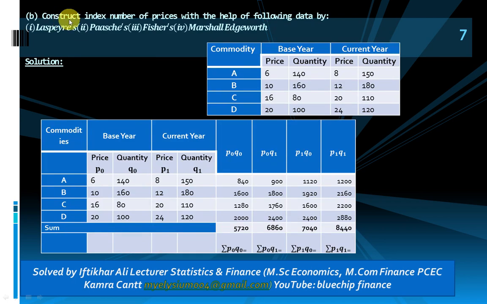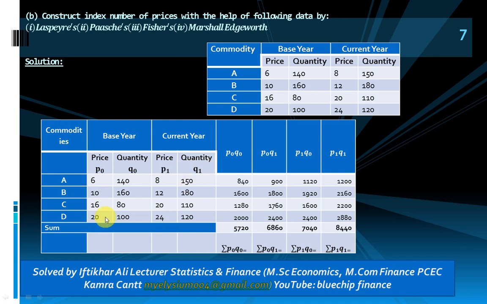B part is: construct index number of prices with the help of the following data by Laspeyres, Paasche, Fisher and Marshall Edgeworth. This type of question has also been asked several times in previous papers. So simply we need for calculations P0Q0, P0Q1, P1Q0, P1Q1. Base year price will be P0, base year quantity will be Q0, as indicated here. Current year price will be P1, current year quantity will be Q1, which is indicated here.